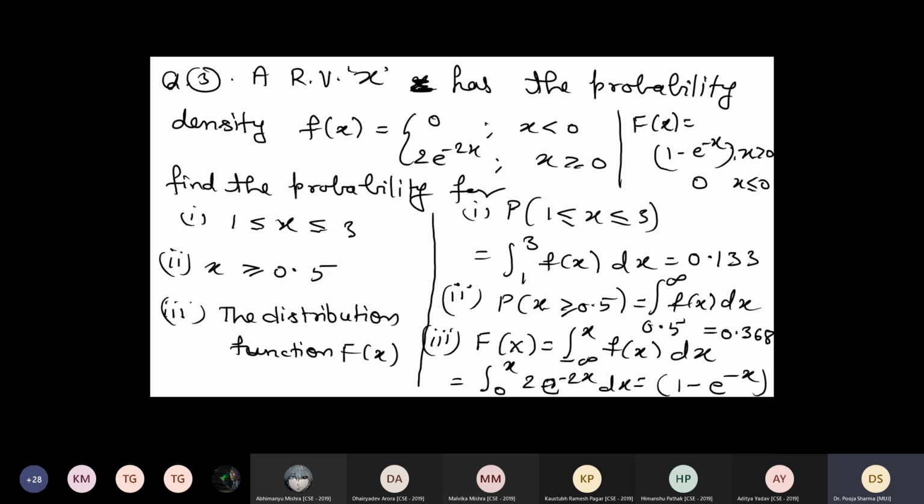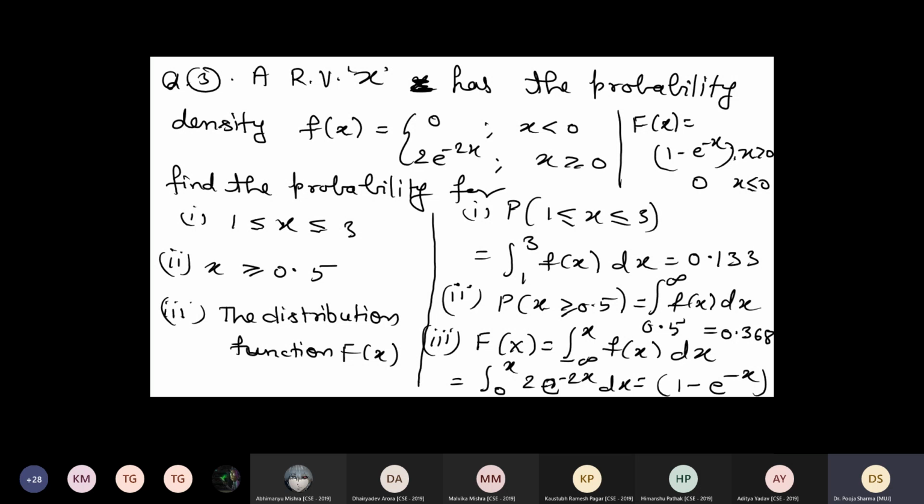The third part was the distribution function Fx. We know how to write the distribution function when a density function is given. Distribution function means integration from minus infinity to x. Here we have to find the value of the distribution function in terms of a variable, so we are not keeping exact limits; the upper limit is x.